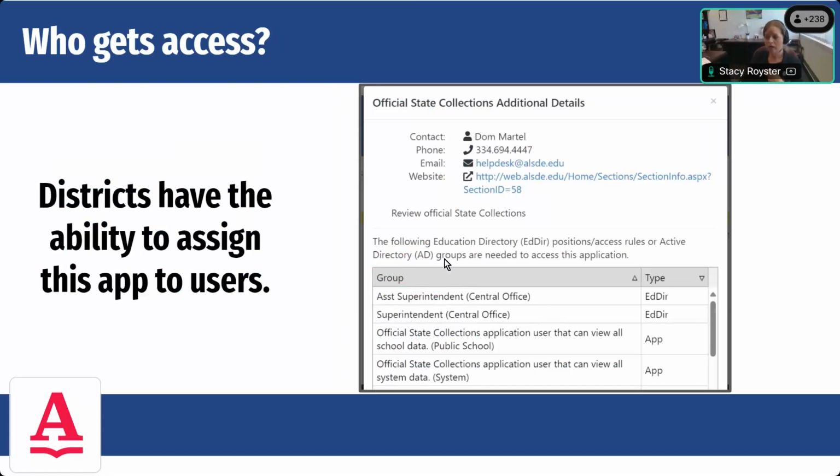You click on the application permission tab. If you give them one of these two, they either can be allowed to view the entire system or they can view the school. And a lot of times that's down to how you have them in there, if you have them connected to district office or if you have them connected to a school. So you get to decide who has access within your district.